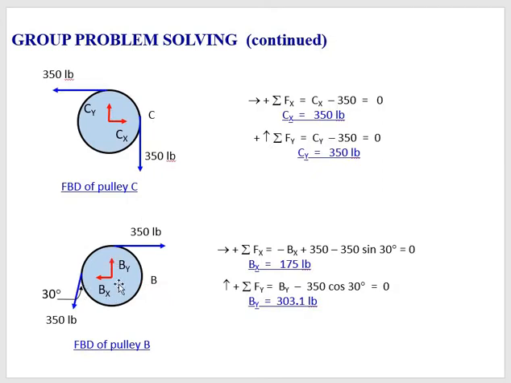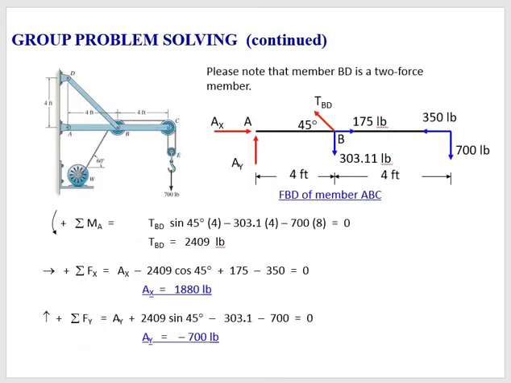I know this angle is 30 degrees. So BY minus 350 cosine of 30 gives us 303.1, and then our X forces, we have negative BX plus 350 minus 350 sine 30, which gives me 175. So now I can come back and look at my free body diagram of FAC, which is here.